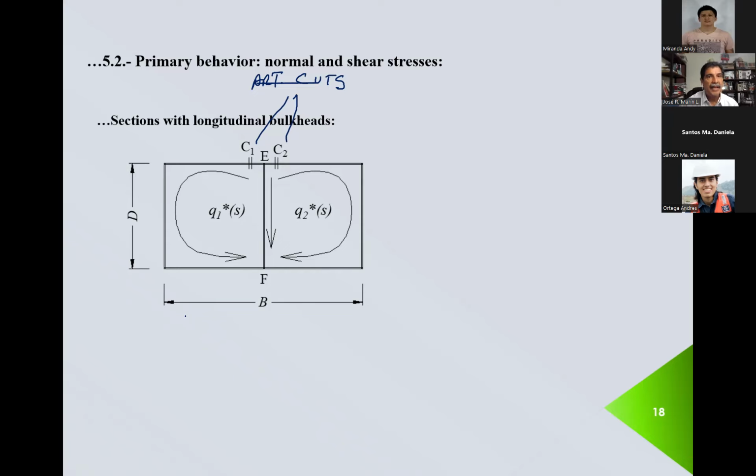If you do the integration, here you could calculate U. So you could start here. You can say, okay, I'm going to calculate U0 and I'm going to integrate all the way up to here. What's going to happen?